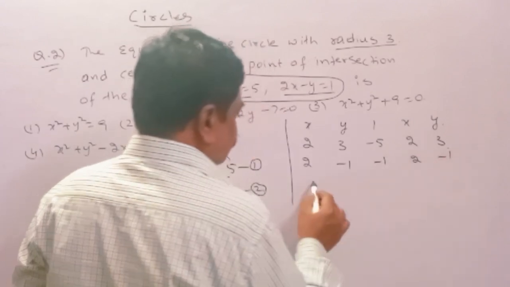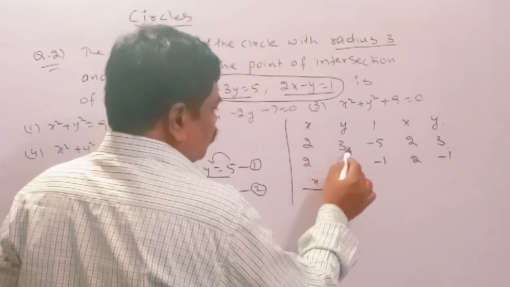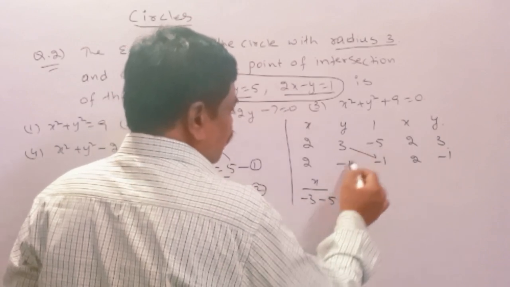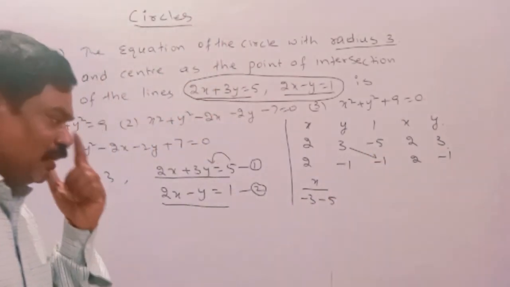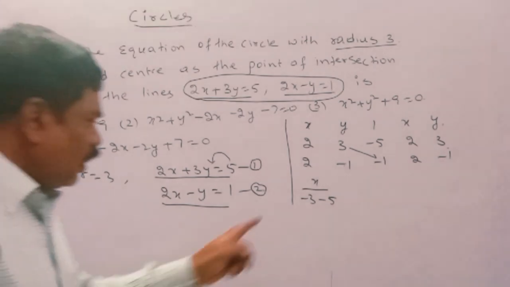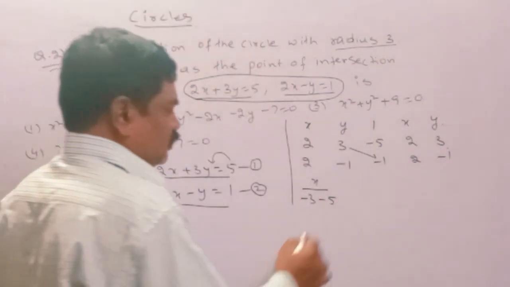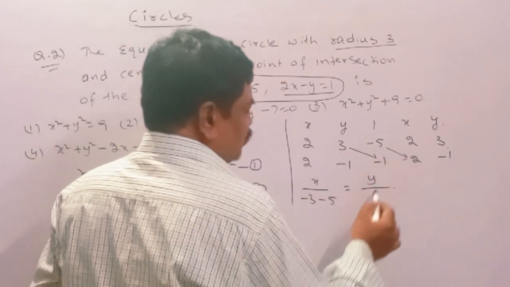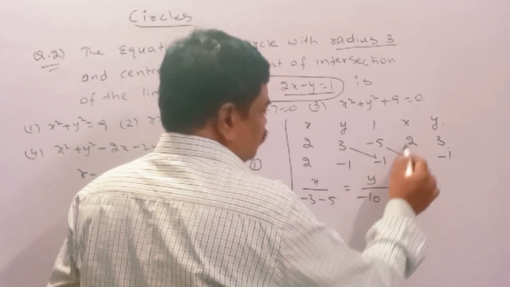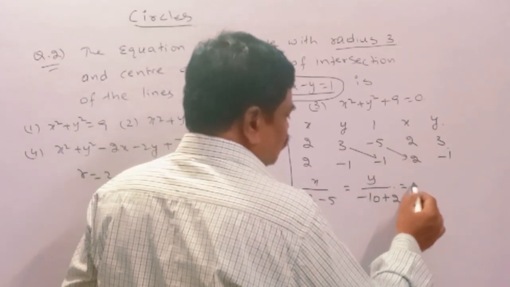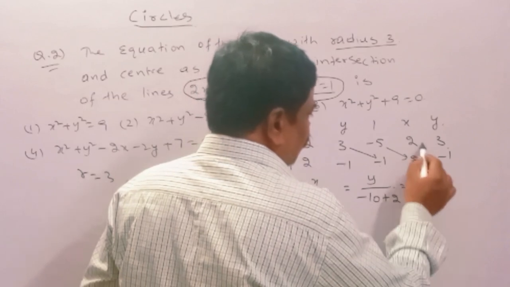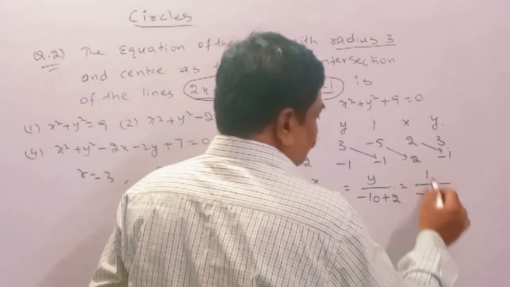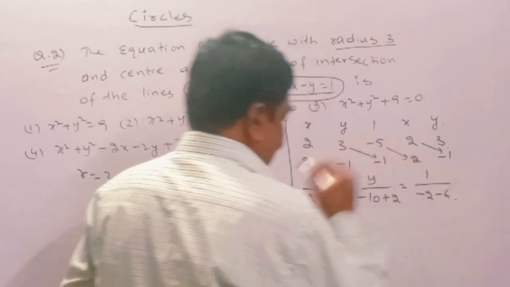Then x by minus 3 minus 5, that is minus 1 into minus 5, that is 5, and already minus is there, so minus 5. y by minus 10 plus 2, is equal to 1 by minus 2 plus 6, minus 6 is there.